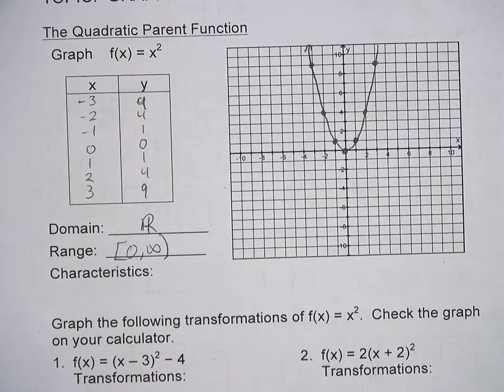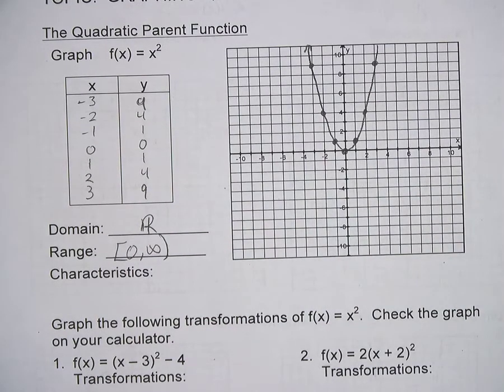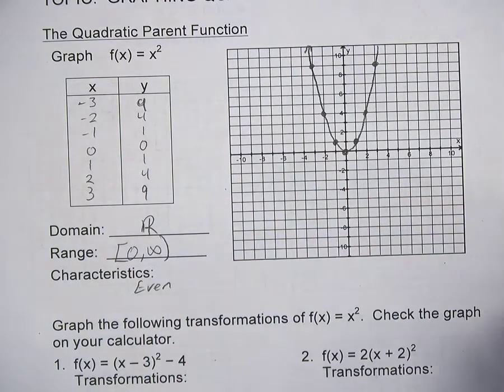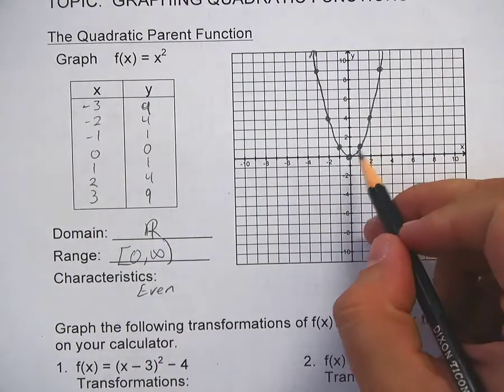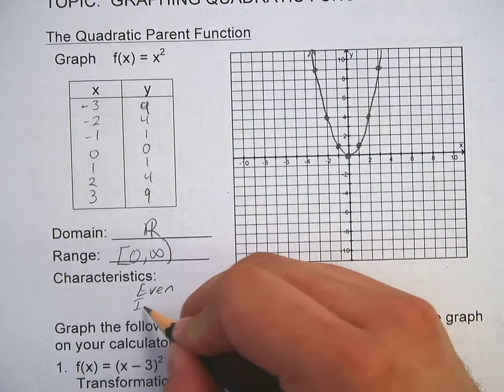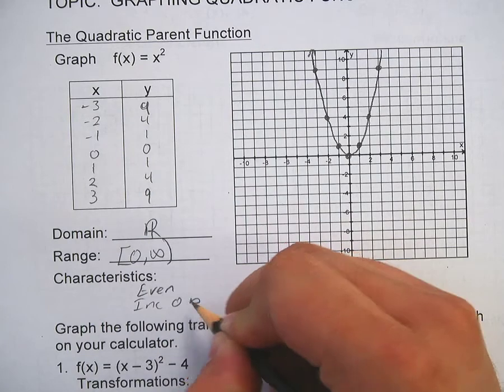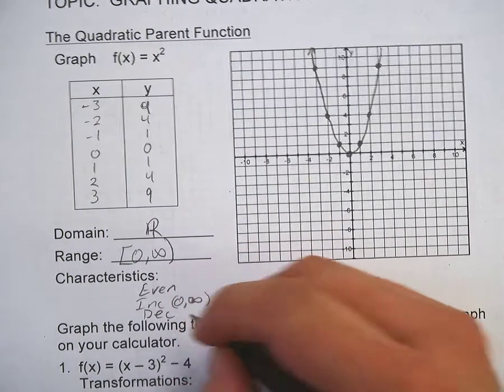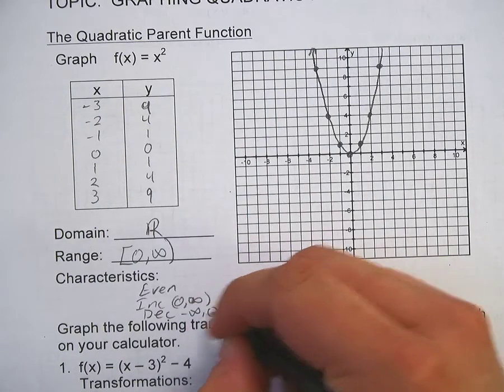Characteristics of it. First off, it's symmetrical across y, so it's going to be even. It's an even function. Remember, even means it's symmetrical across the y-axis. It increases from 0 to infinity. Decreases from -infinity to 0.